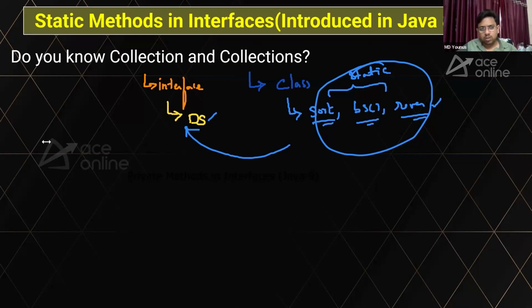My point was, why have these two different things, Collection and Collections separately? Can't we club them together as a single thing so that I can also write the utility programs inside this interface itself?